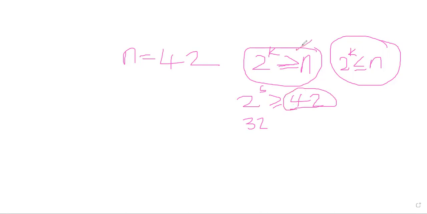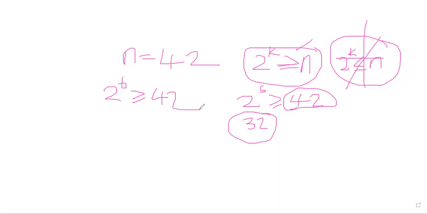So we have to find the value of k that should exceed 42. This one is less than 42, so we have to go for another number that should first exceed 42. So 2 to the power 6 should be greater or equal to 42.